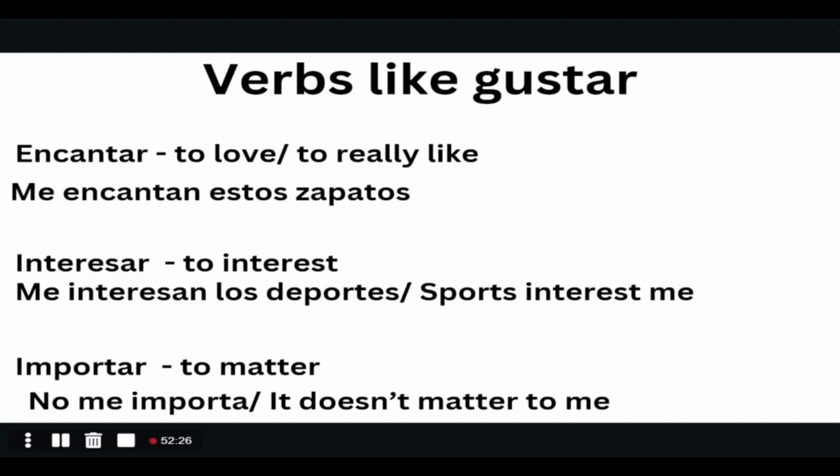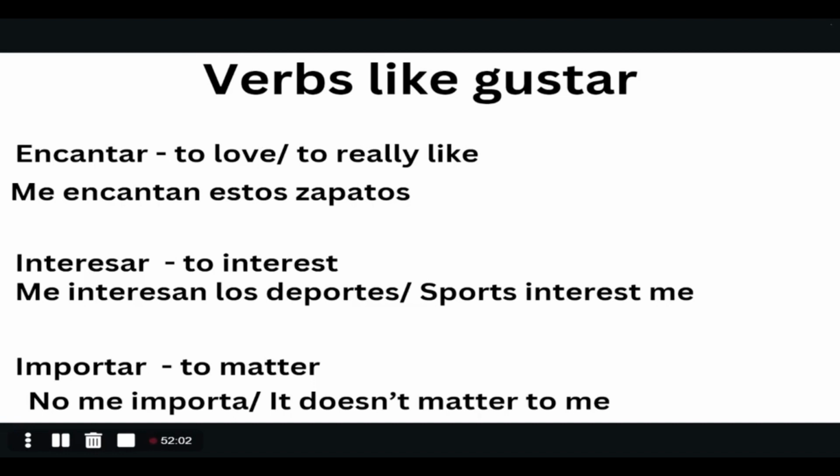Interesar, to interest. Me interesan los deportes. Sports interest me. Importar, to matter. And in the sentence, no me importa. It doesn't matter to me.